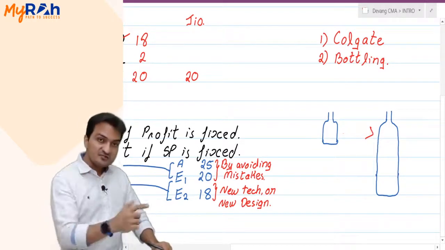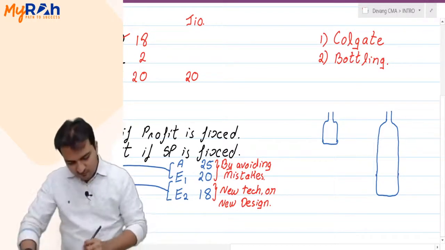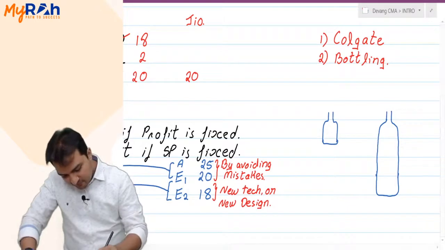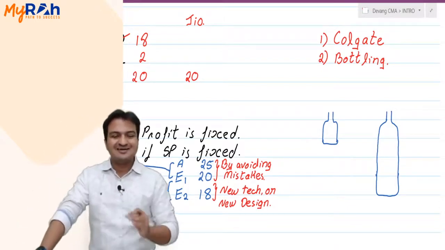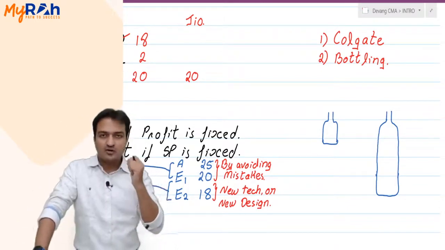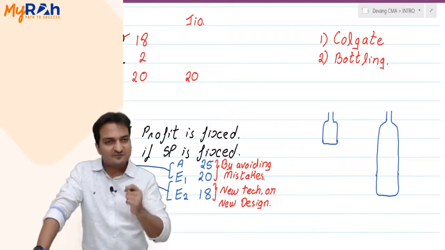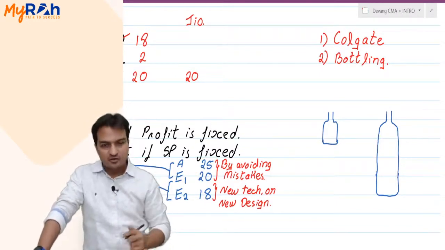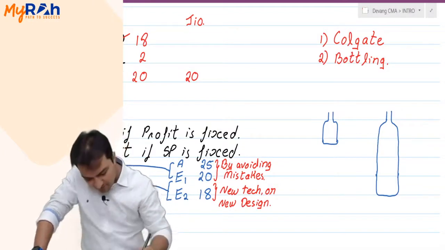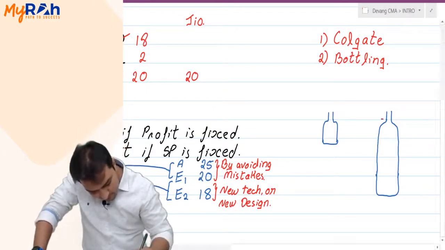Now in this final version, you might have noticed that recently, in the last 2-3 years, okay, 5-6 years, these mineral water bottles have started having a shorter neck.